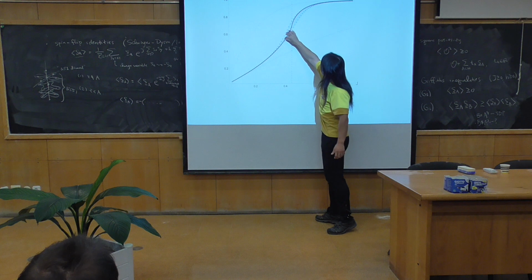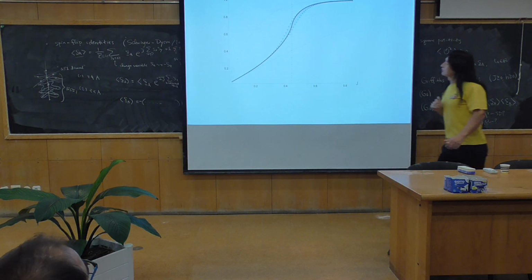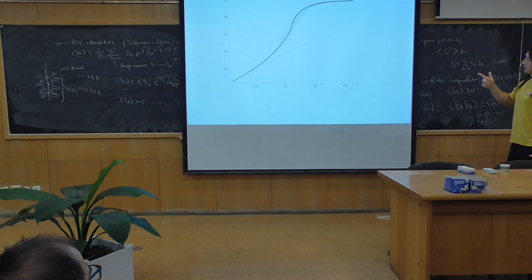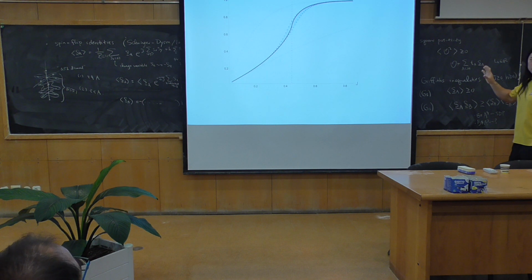So these blue dots are the bounds obtained by imposing, I think in this case, just the reflection positivity on the 1351 diamond. As I mentioned earlier, the square positivity does not improve the bound.